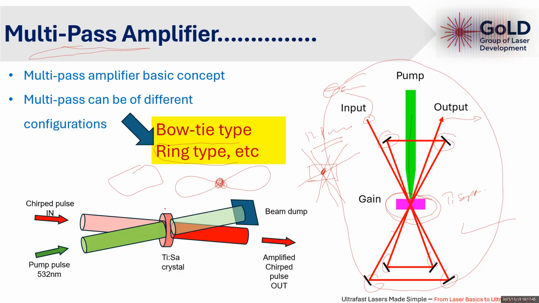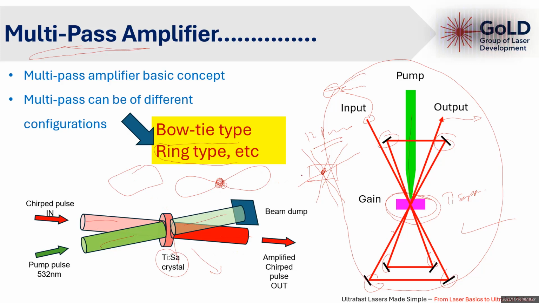So what you see here is the TISAF crystal, as mentioned, and this is the input beam from the oscillator, okay, and this green one is the pump beam, which also passes through the crystal at the same point where the laser beam is passing. The pump and the input laser from the oscillator should pass through the same point of the crystal.